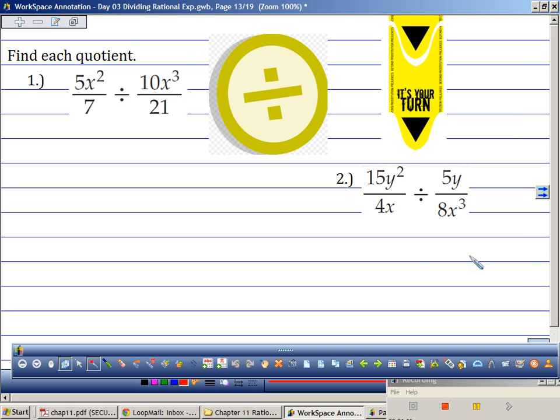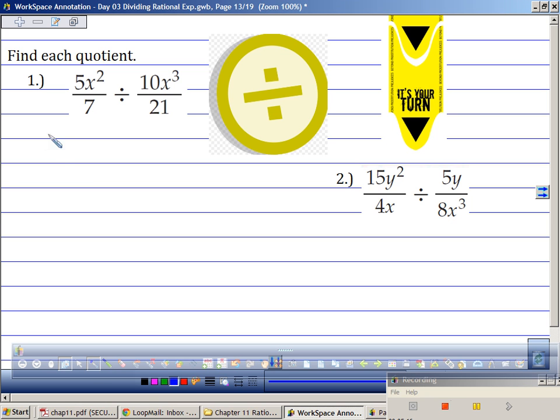Alright, why don't you guys do these two? Okay, so start by rewriting the first fraction. Then I'm going to rewrite division to be multiplication, and then I'm also going to rewrite this fraction to be its inverse. So I'm going to put the 10x cubed on the bottom, and I'm going to factor it as I write it.